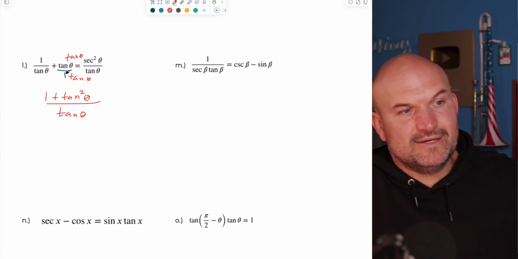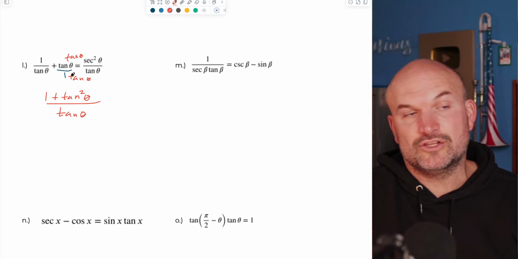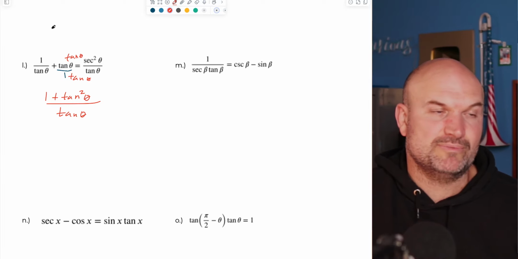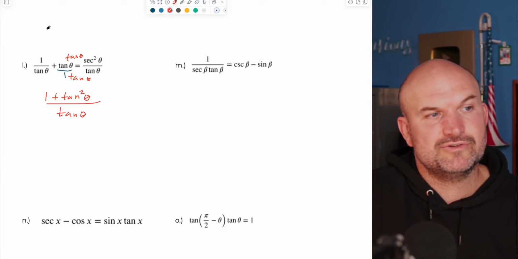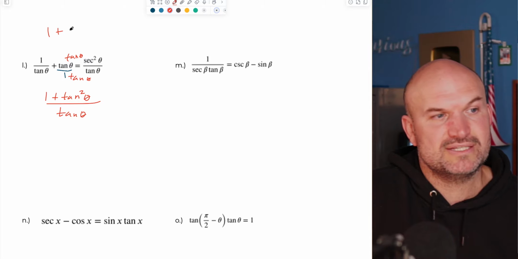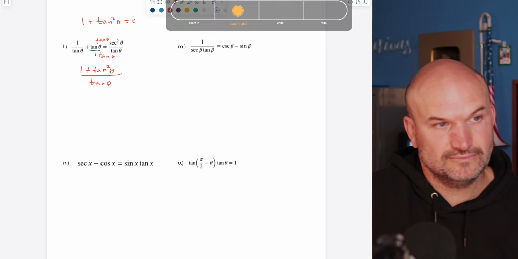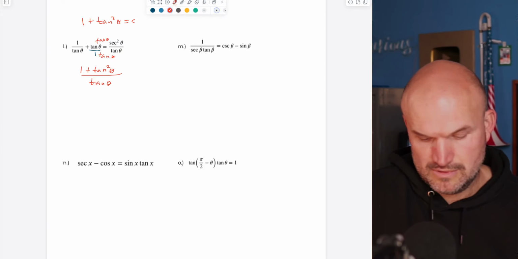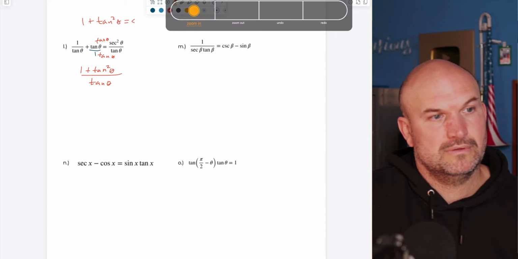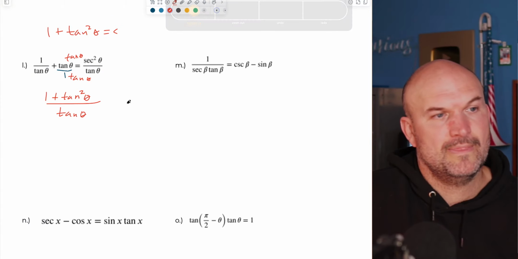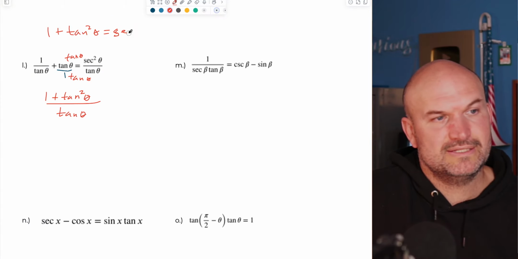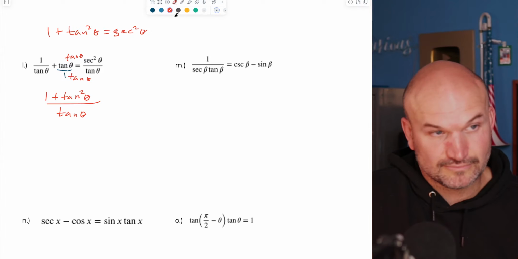Okay, now one thing we didn't talk about is the other trigonometric identities. We have sine squared plus cosine squared equals 1. And just remember, we also have 1 plus a tangent squared is equal to a secant squared of theta.